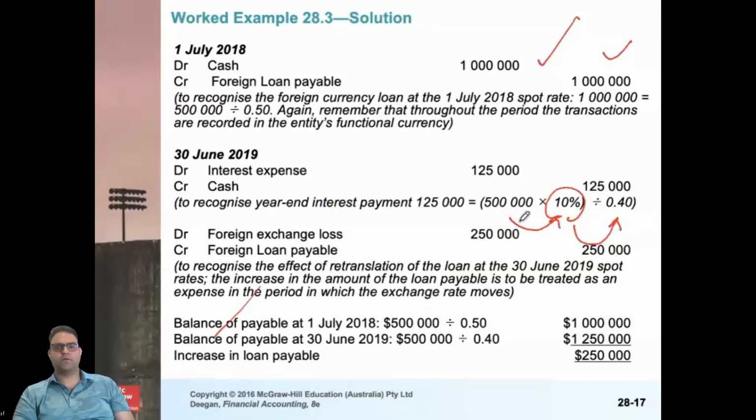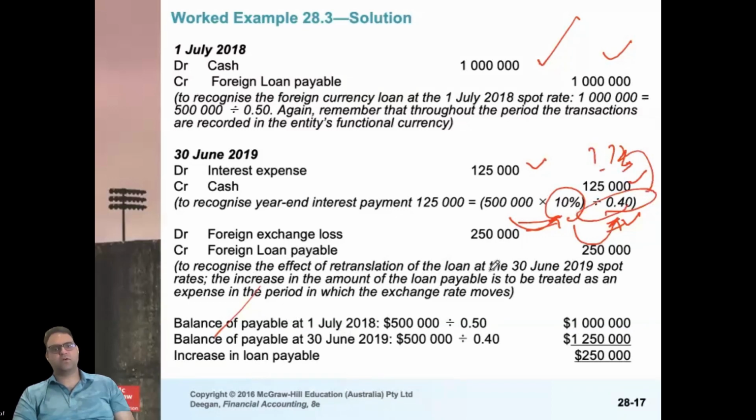And whatever the loan amount in pounds was, now the denominator will change from 0.5 to 0.4. And you need to pay interest of 125,000. So here is the interest entry, but according to 0.4 rather than 0.5. So worth noting this one.